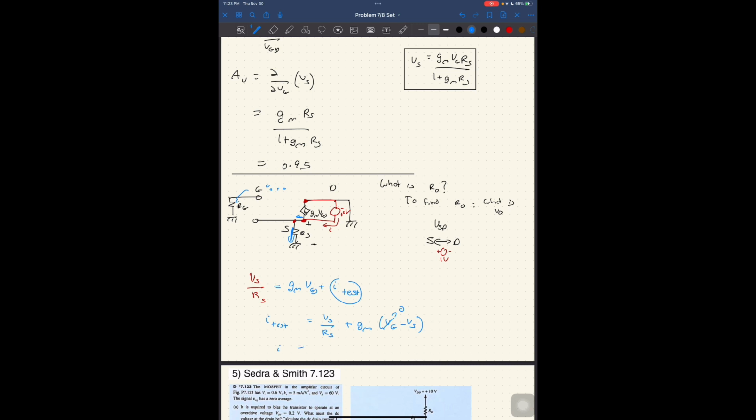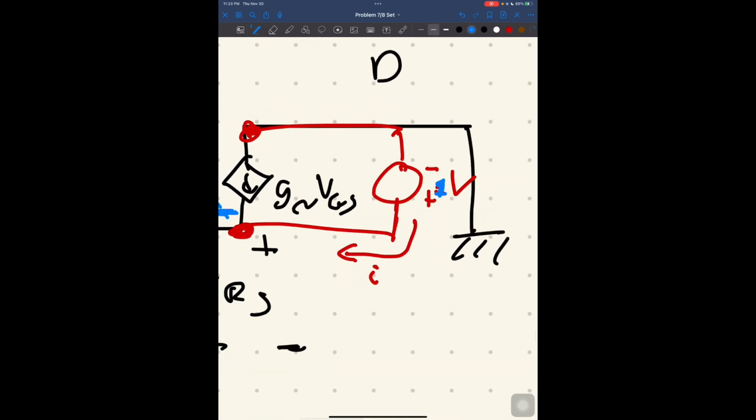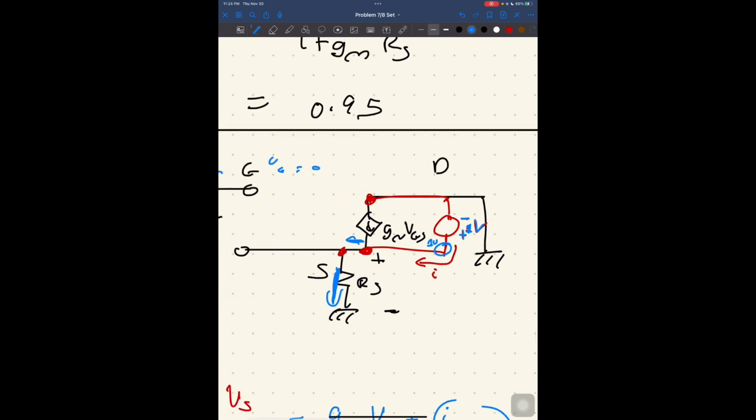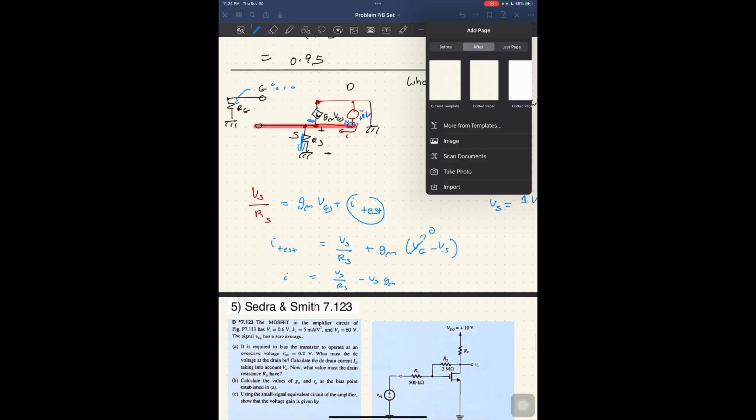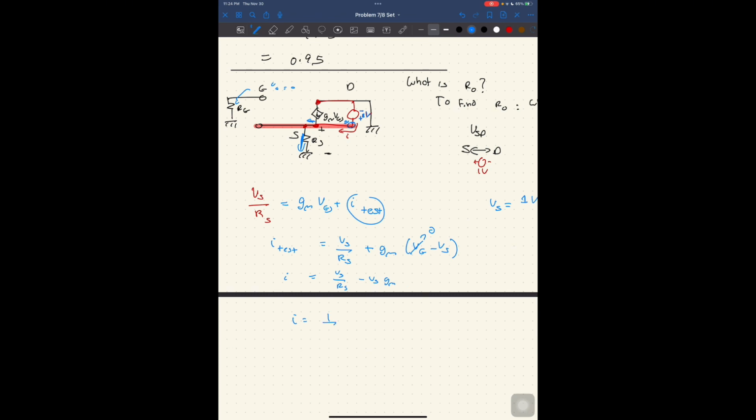So I test is equal to Vs over Rs minus Vs gm. Vs is equal to 1 volt, correct? Why is Vs 1 volt? This node is 1 volt, implying that this entire node is 1 volt, implying that Vs is 1 volt, such that I is equal to 1 over Rs minus gm.